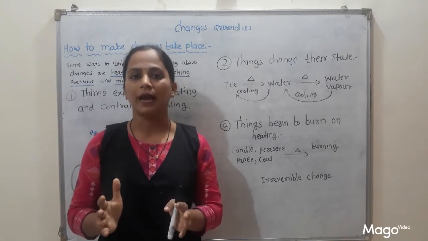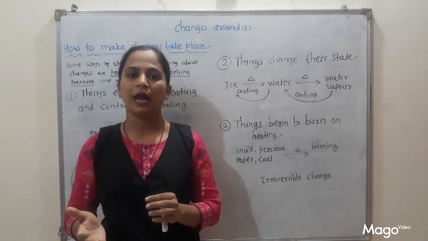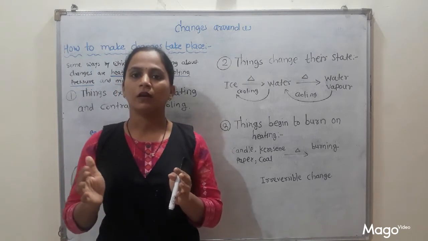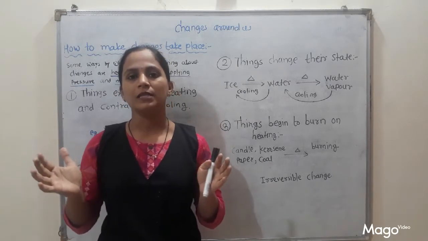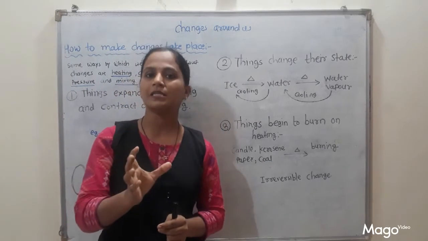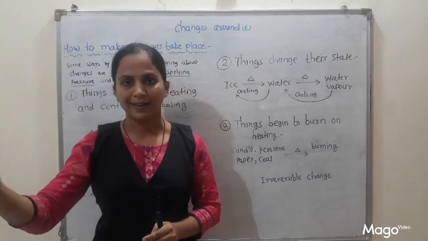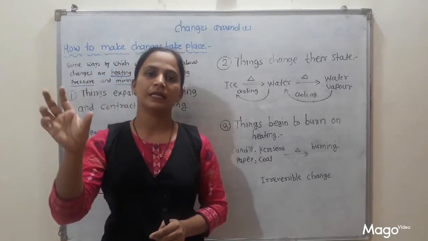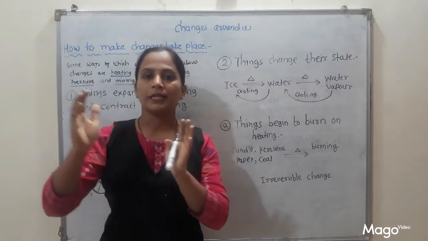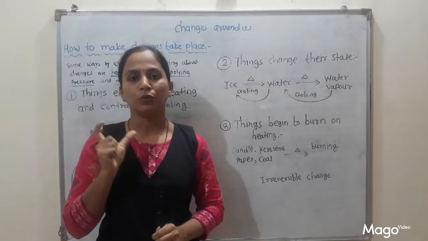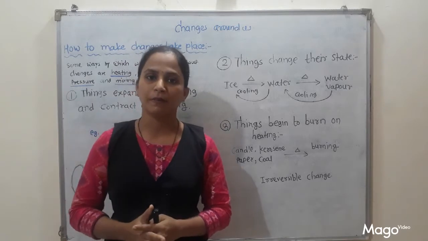When we cool that substance, its temperature decreases and its size again decreases. So decrease in size is contraction and increase in size is expansion. Normally due to heating, expansion takes place and due to cooling, contraction takes place.